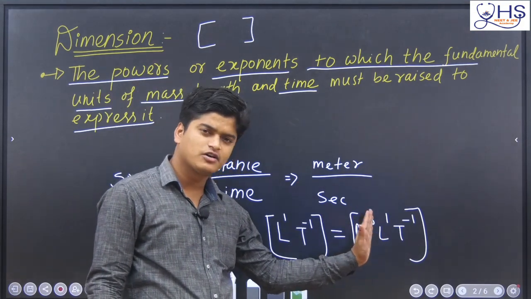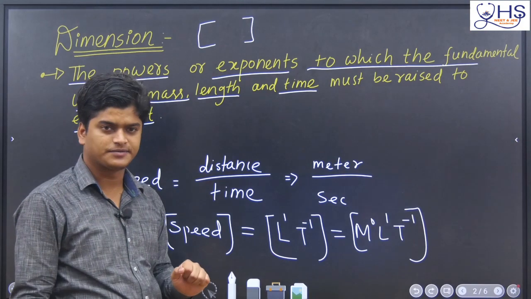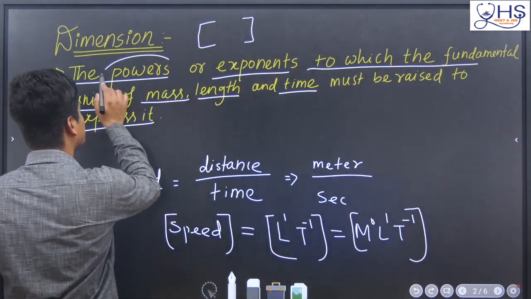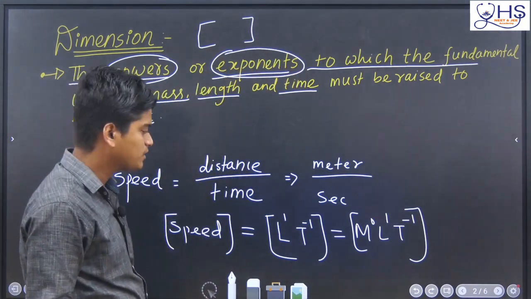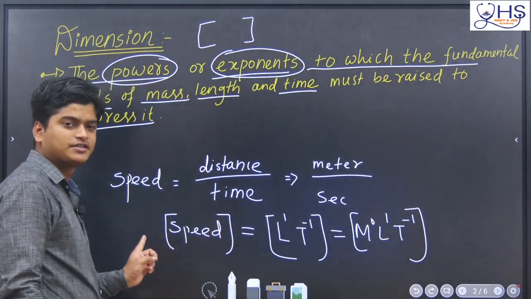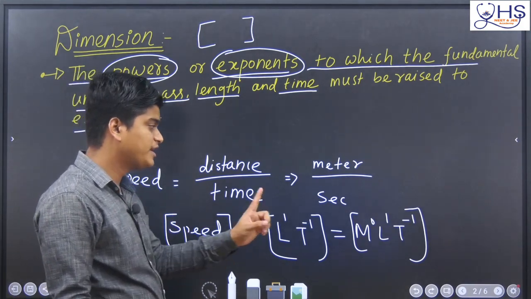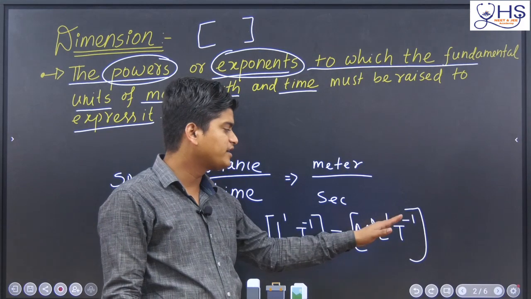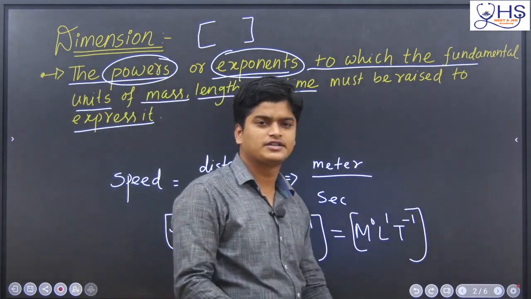That is why dimension is nothing but power or exponents. M to the power 0 means mass does not occur in speed. L to the power 1 means L occurs only one time. T to the power minus 1 means it is in the denominator, and its power is also 1.